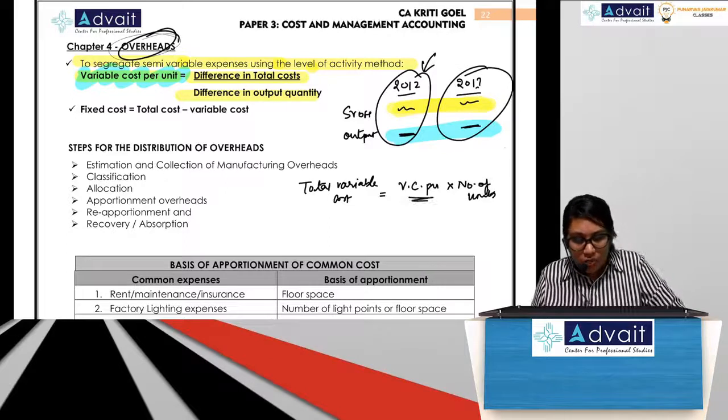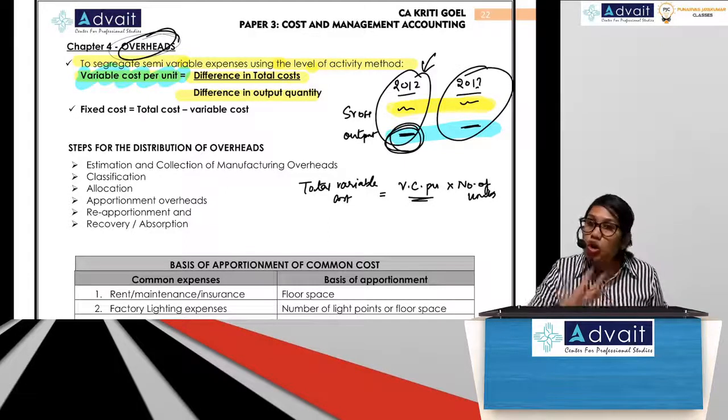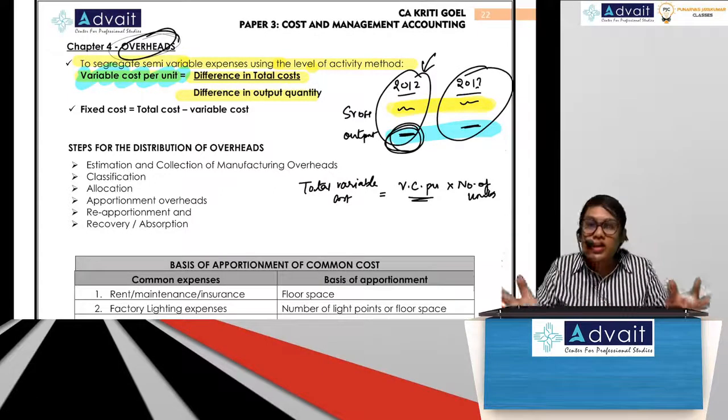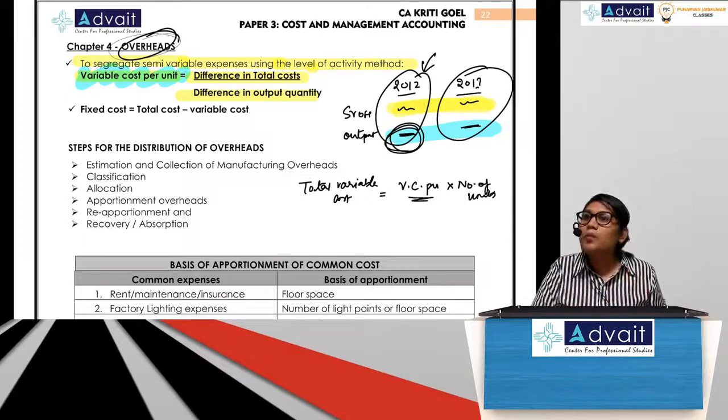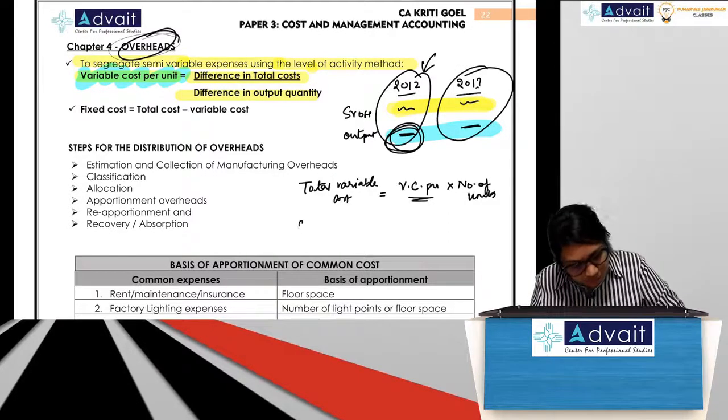Now variable cost per unit into number of units, that is the output, will give you your total variable cost. So now, out of my total semi-variable overhead, which I already have, I have determined what my total variable cost is. So can I not calculate fixed cost? How will I calculate fixed cost?